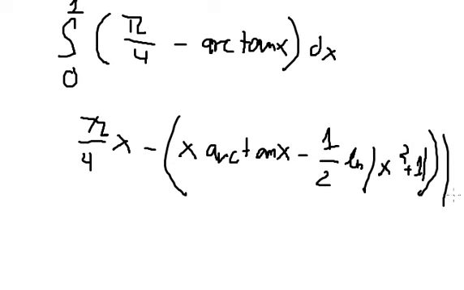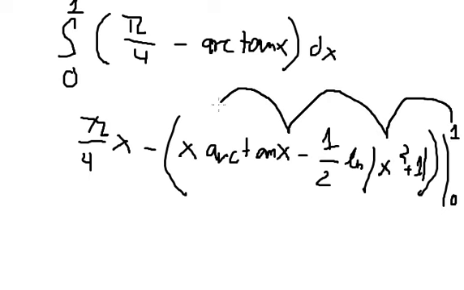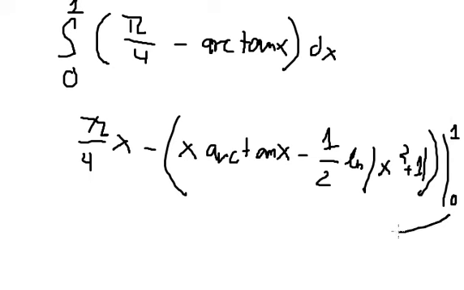We put the bounds from 0 to 1. So we put 1 in here, 0 in here.